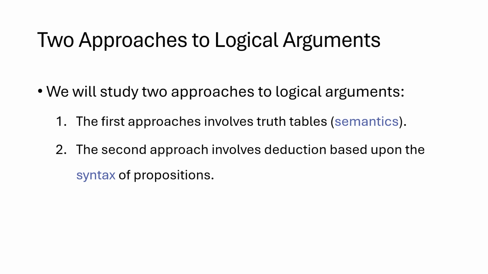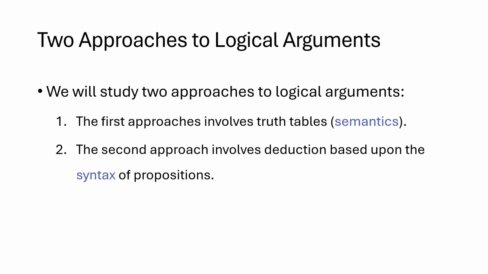Now, there are pros and cons to these two approaches, as we will see later, but just to give you a high-level idea, the first approach is going to be straightforward, and it doesn't require any kind of creativity. You just follow a procedure, and it always tells you whether a logical argument is valid or not.